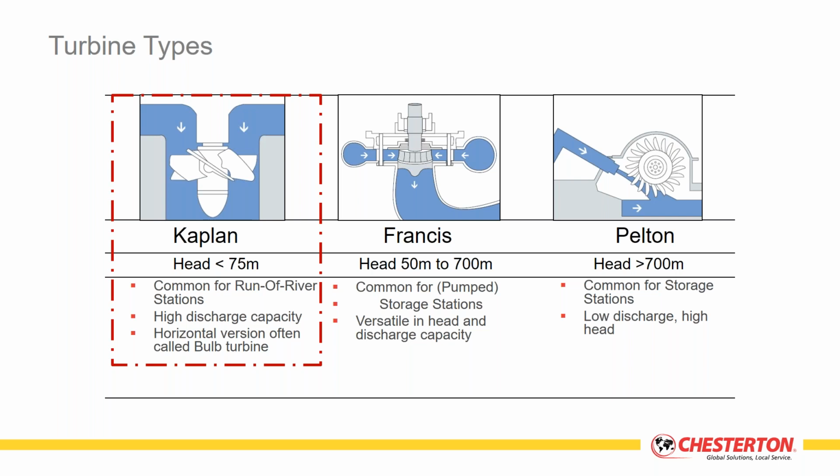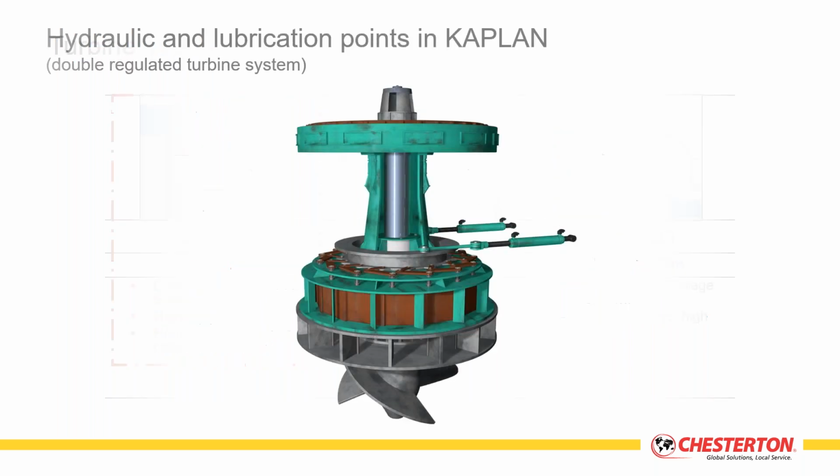But today we are going to focus on the Kaplan turbines, because Kaplan turbines represent the most complex hydraulic and pneumatic systems, where we have to focus on reliable sealing solutions.